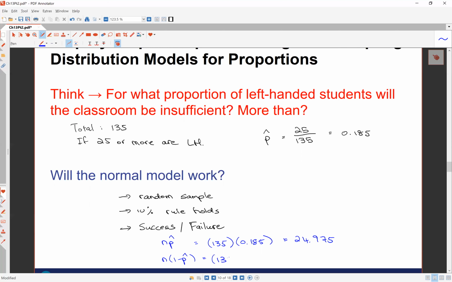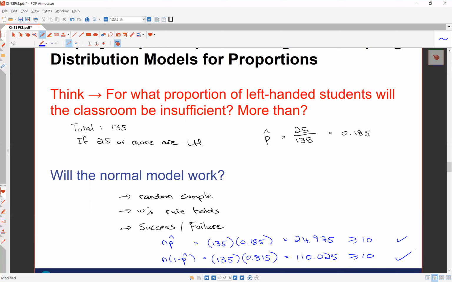And sample size 135 times 1 minus the sample proportion, which is 0.815, gives me 110.025. But both of these values are at least 10, so the success-failure condition is met.